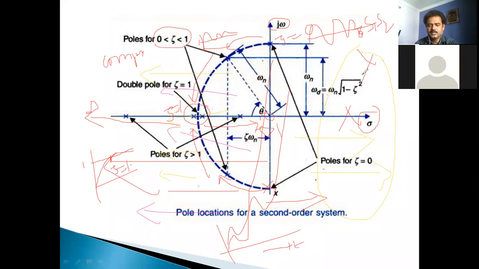Based upon the location, we can also guess whether it is overdamped, underdamped, undamped, or critically damped, whether it reaches the steady state value, or is a sluggish system.